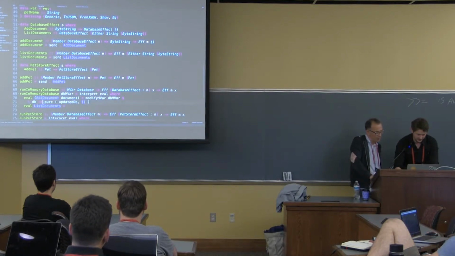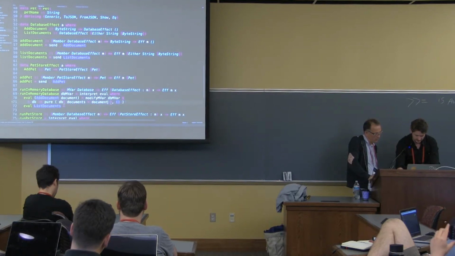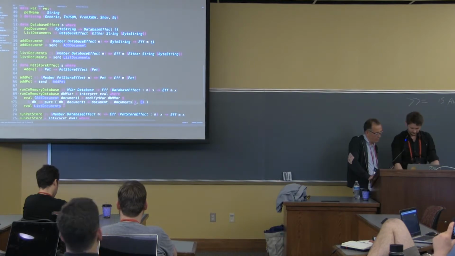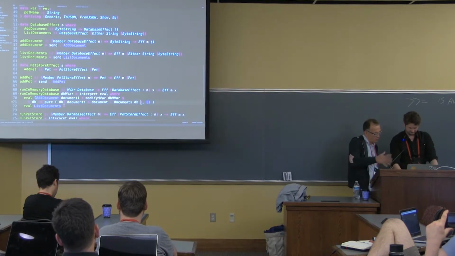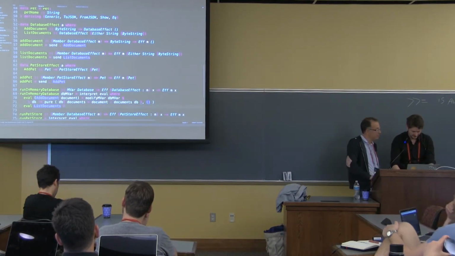Okay, cool. And then to produce the updated database, it's a record, right? So we just do documents equals document, and we put it at the beginning of the list of db. Right. That's the accessor. Yeah. You could do some destructuring here, but it's fine. Or use lenses.